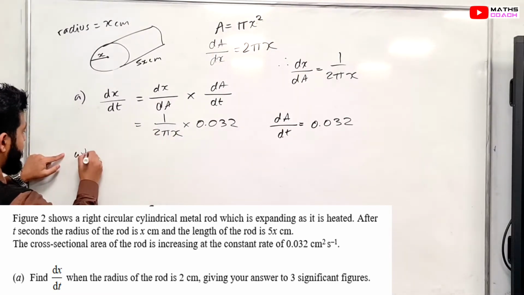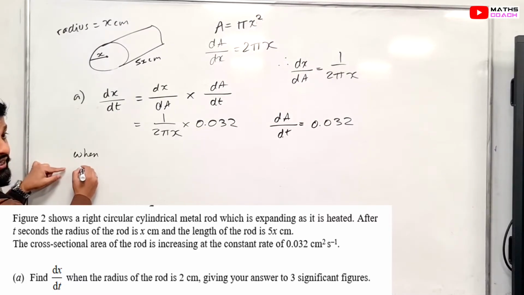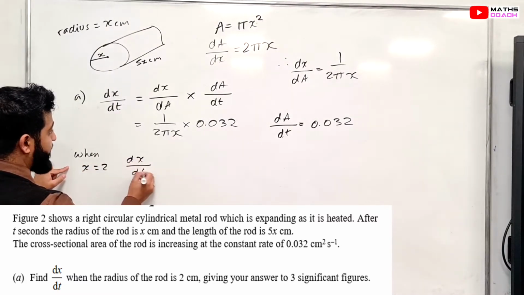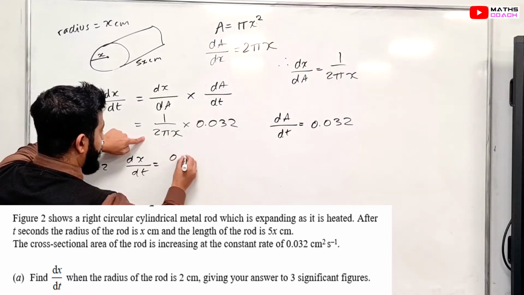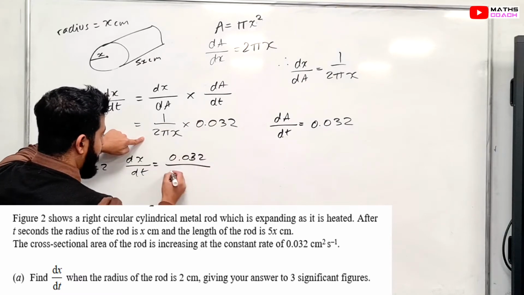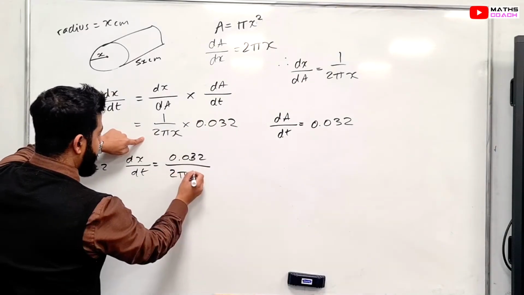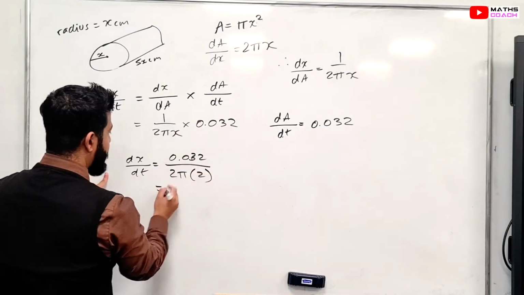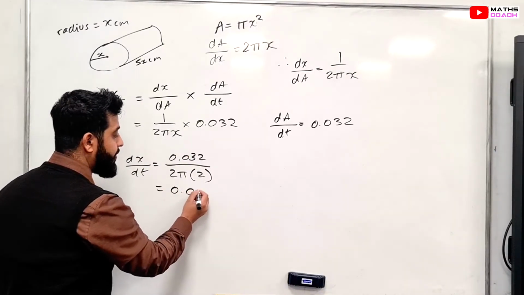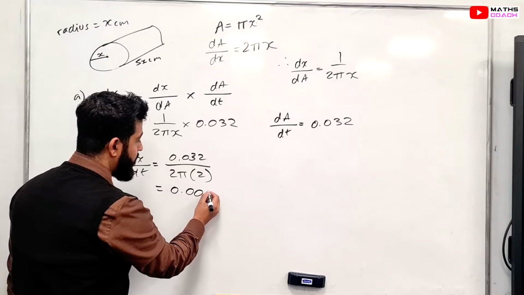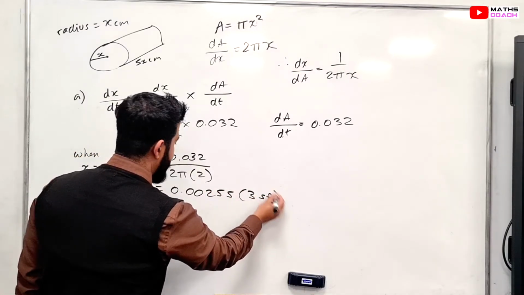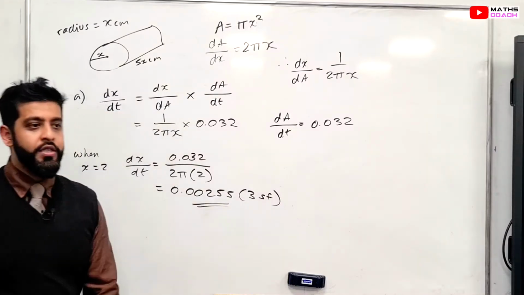So when the radius of the rod, which we're saying is x, is 2 centimeters, dx over dt will be 0.032 over 2 times pi times 2. If you could just work this out on your calculators for me, it's 0.00255, and that's 3 significant figures. That's your answer for part A.